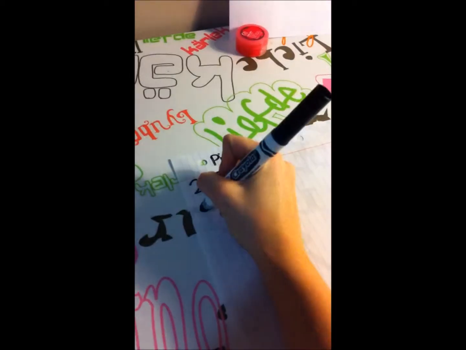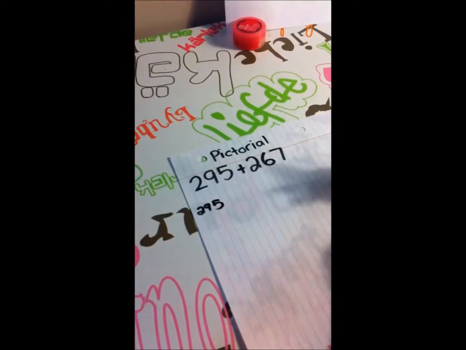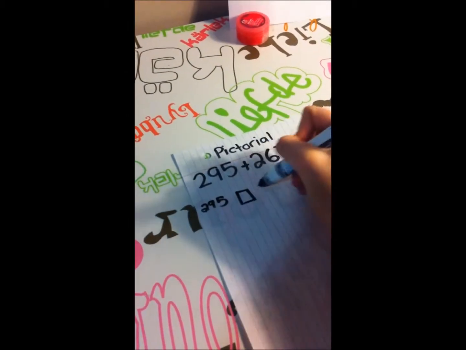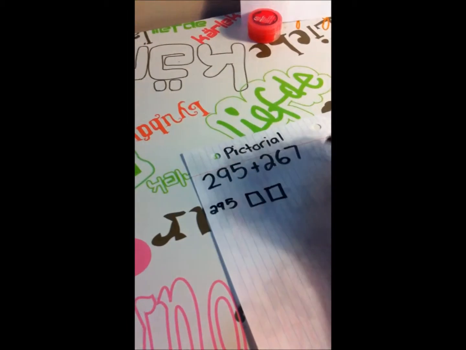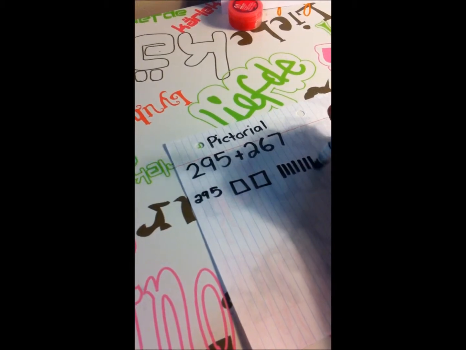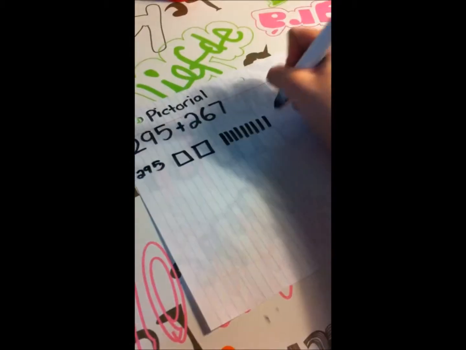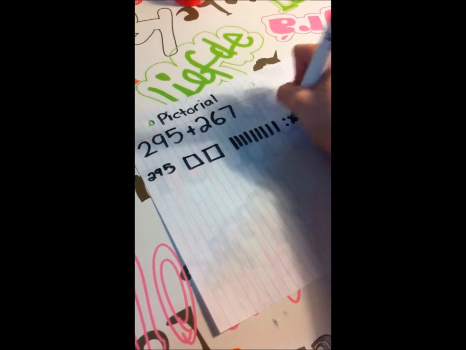Using a pictorial representation, we're first going to start with the addend 295. So we need 2 flats, 1, 2, 3, 4, 5, 6, 7, 8, 9 rods and 5 units.